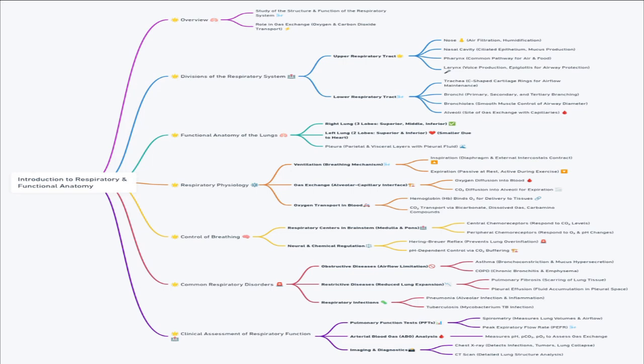So the PPO FEV1 will be equal to 63% times 1 minus 9 over 19. Remember the left has 9 bronchopulmonary segments and the right has 10. So 9 over 19, and you get 33.2%.